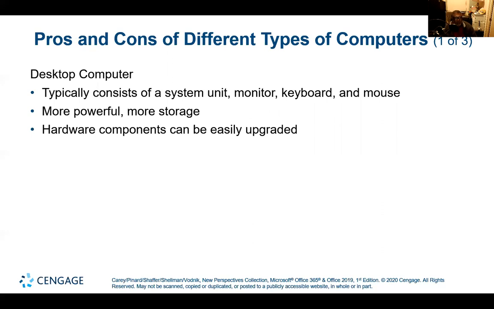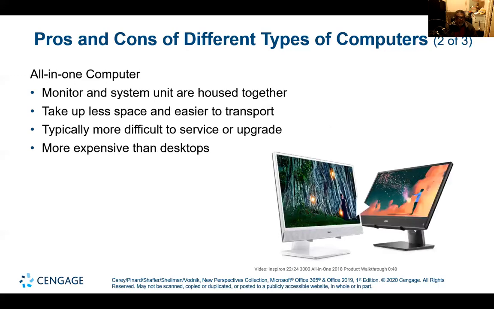So, what's the difference? All right, desktop computers typically consist of a system unit, monitor, keyboard, and mouse. More power and more storage are usually involved with a desktop. Hardware components can be easily upgraded. All-in-one computers, however, have a different set of issues.